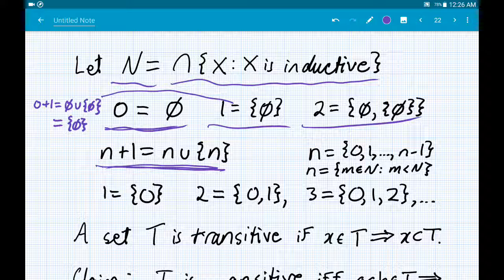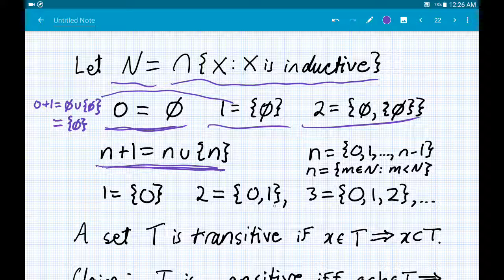Moreover, if I particularly tried to not write sets as much as possible, if I tried to write these numbers but not writing all of these confusing sets that are within them, then in the case of 1, I would not write the set of the empty set, I would write the set of 0, trying to get rid of sets as much as possible and express this in terms of numbers.